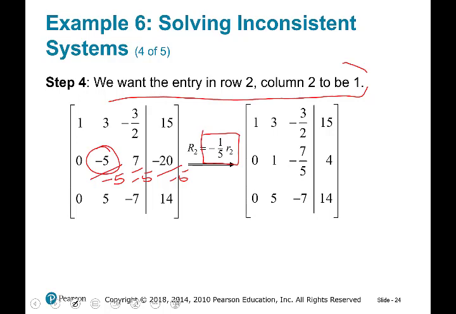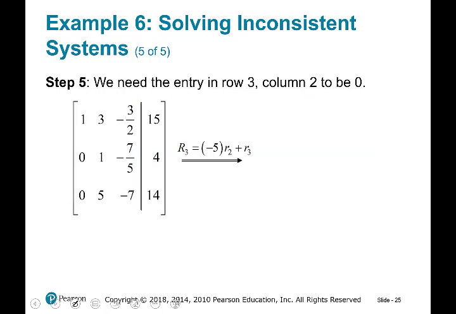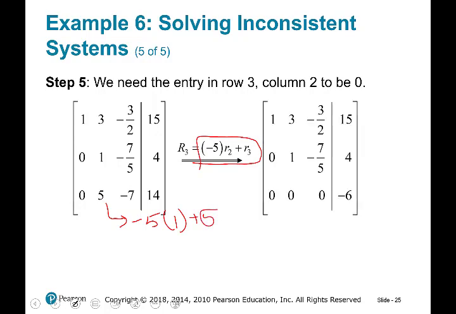Then what is next? Trying to get a 0 here. So I perform this operation: -5 times row 2, which is -5 times 1, plus 5, trying to get a 0. And now I get something like this.